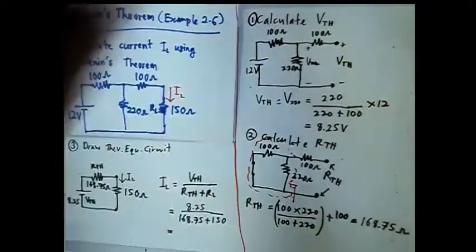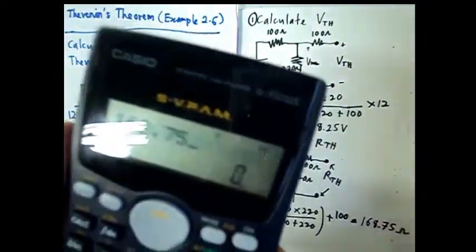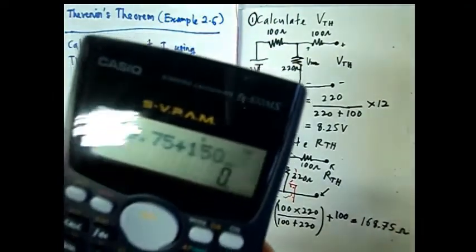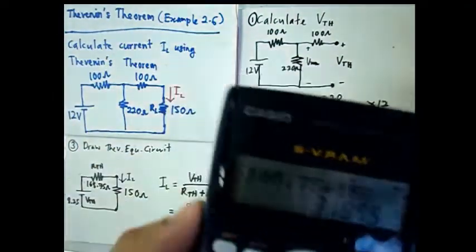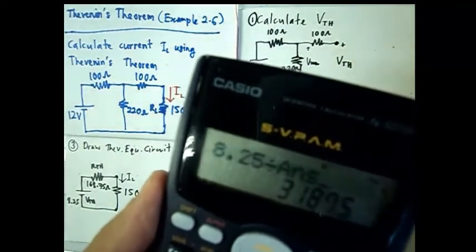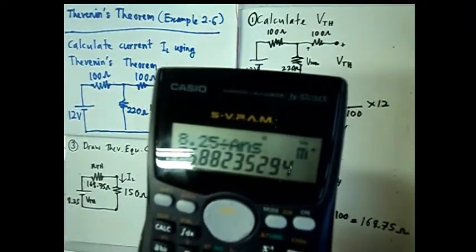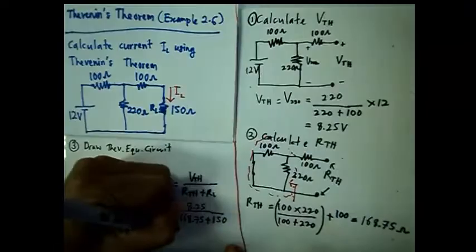So 168.75 plus 150, and 8.25 divided by the answer. So we get IL as 25.882 milliampere.